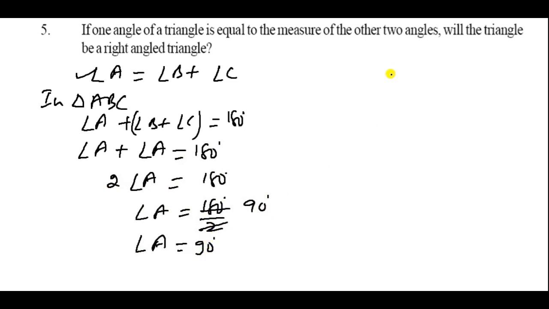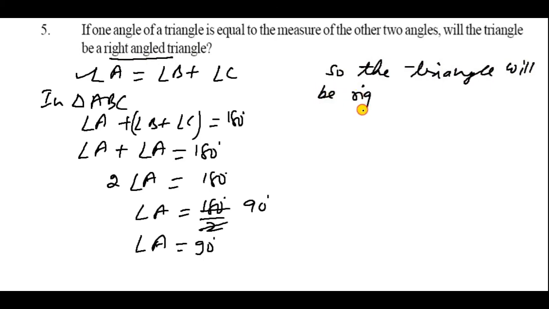So A will be 90 degrees. That means the triangle will be a right angle triangle. Hence proved.